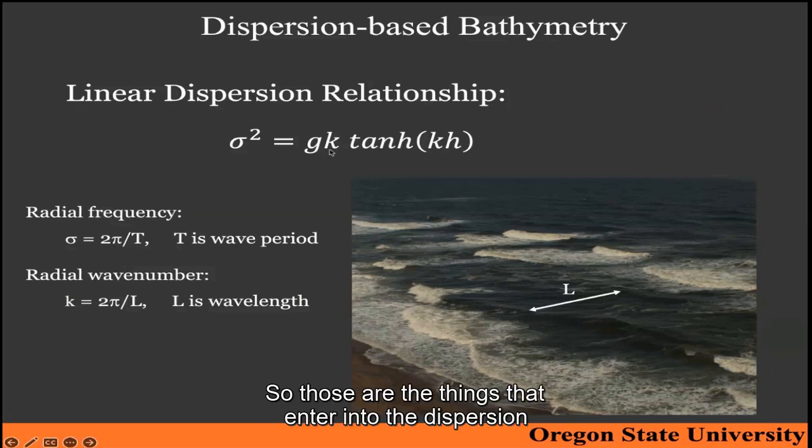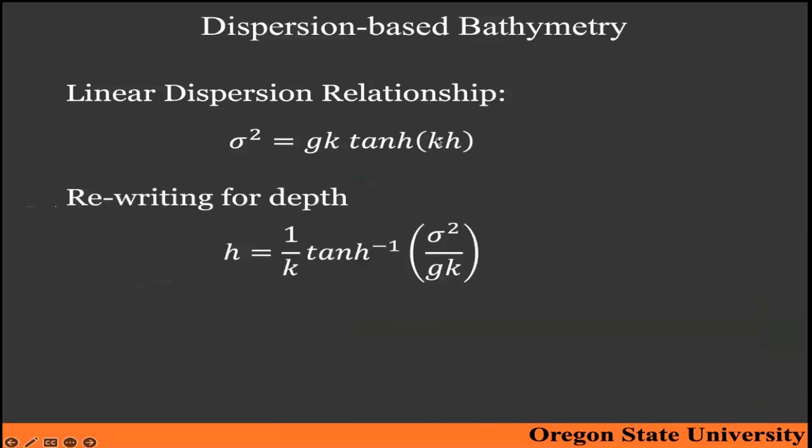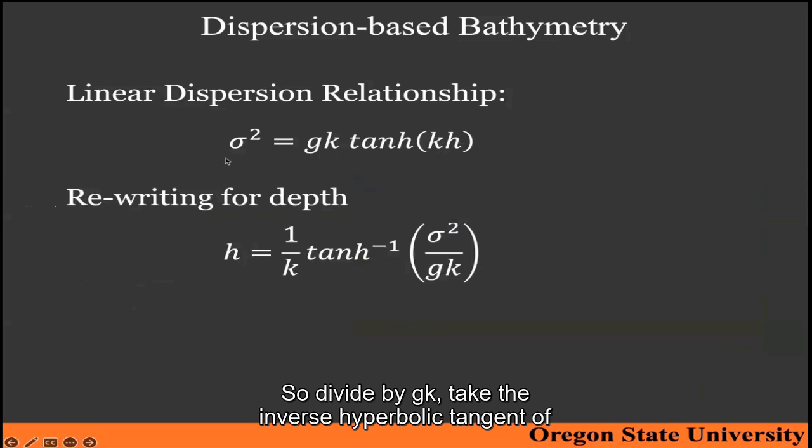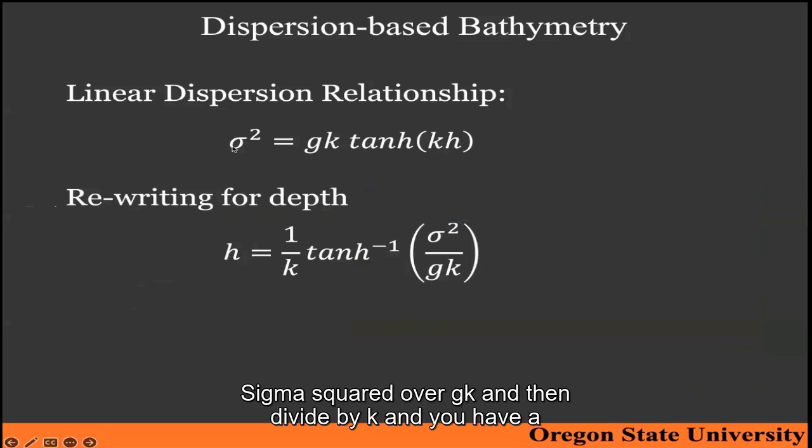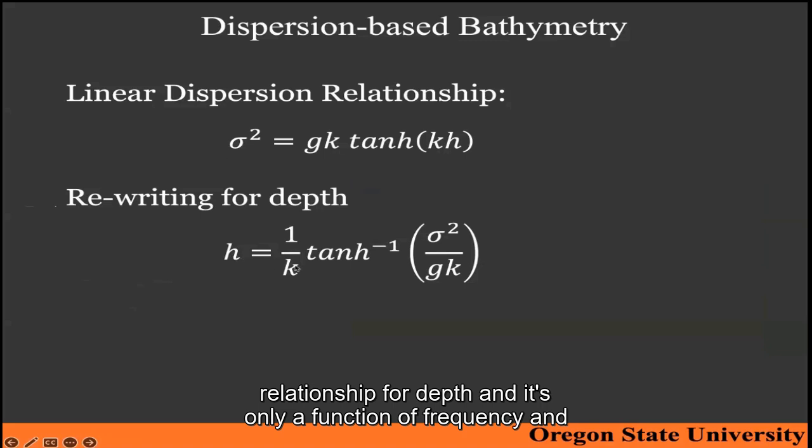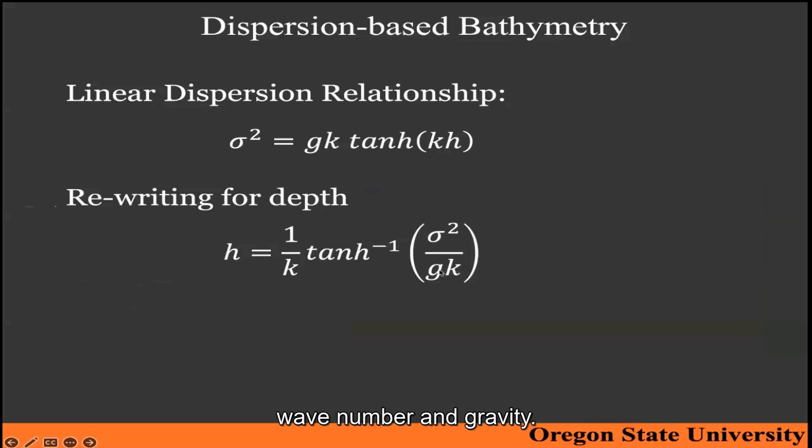Those are the things that enter into the dispersion relationship. You can rewrite this to solve for depth. Divide by GK, take the inverse hyperbolic tangent of sigma squared over GK, and then divide by K, and you have a relationship for depth. It's only a function of frequency, wave number, and gravity.